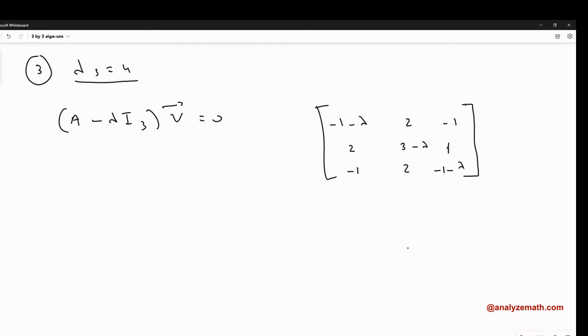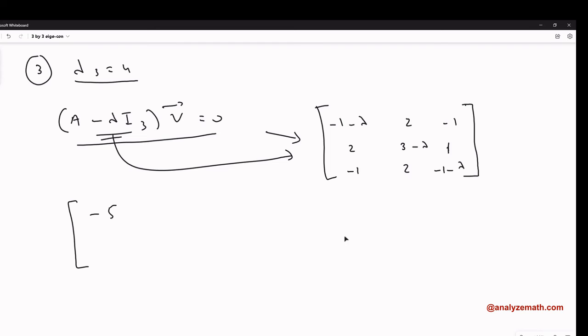We now go to the third eigenvalue, and again try to solve this system of equations. So with this matrix equal to this, let's substitute the lambda value, and that will give me negative 5. So again, put the 4 here, here, and here, and then just rewrite the matrix.